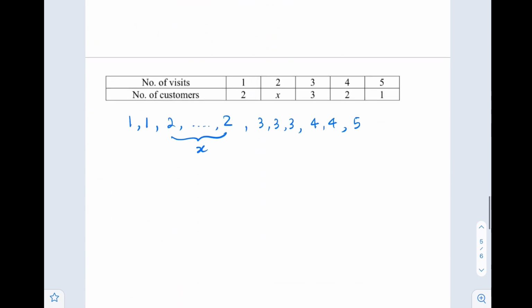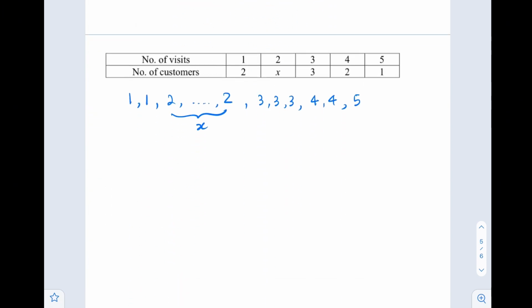If we look carefully here, there are 3 3's. All of them can possibly be the median, but I need x to be as big as possible, which means that I must have as many 2's as possible, since x stands for the number of 2's that I have. For my x to be big, I must have a lot of 2's.